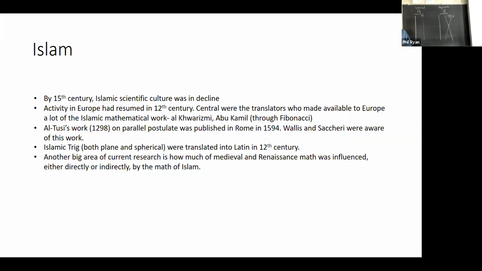And so eventually, in the early 19th century, Bolyai, Lobachevsky, and Gauss got together and basically invented this geometry. But that's a story for the sequel to this class.